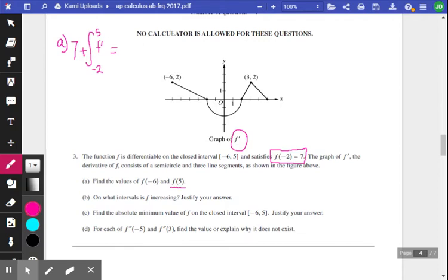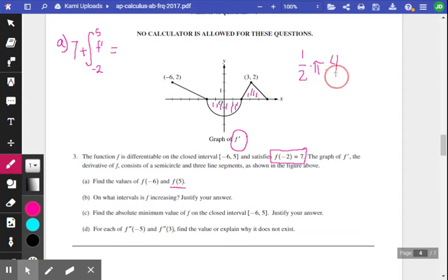So this is a no calculator question. A calculator wouldn't help you on this part anyway. So I'm going to have to integrate from -2 to 5. I have the area of the semicircle, and I have the area underneath this triangle. So the semicircle is going to be 1/2 times pi times the radius squared.